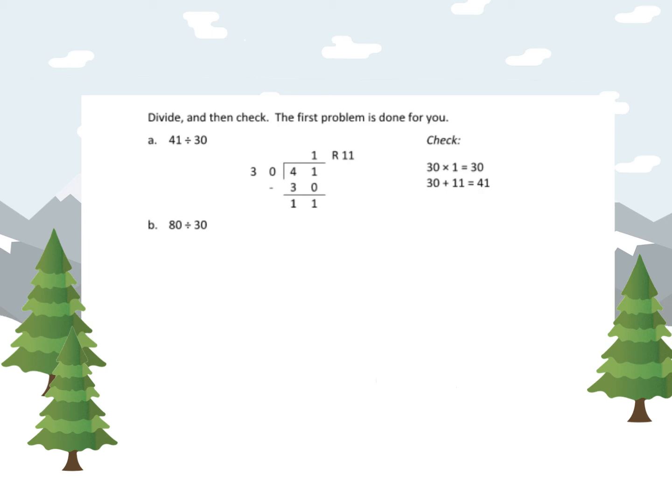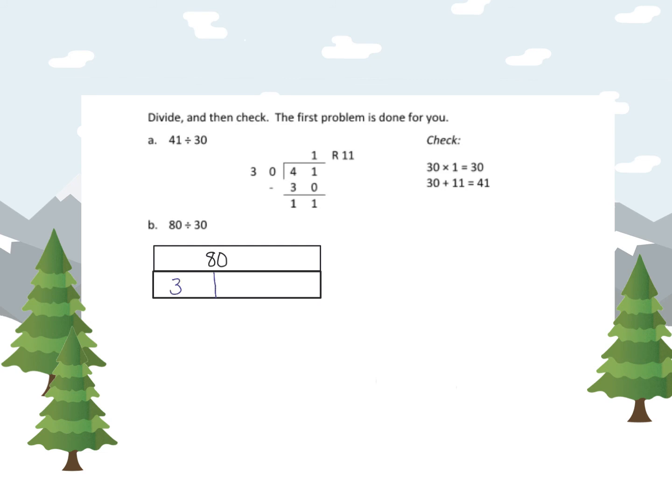So we're going to do that problem down here with 80 divided by 30. Sometimes adding a visual helps a student to understand what we're working with. So if we add a number strip here and say the whole is 80, we can then say, how many times can we break that same block up into 30?